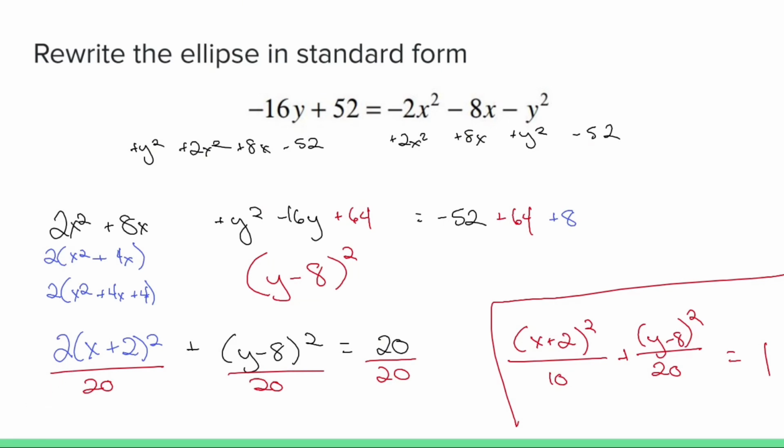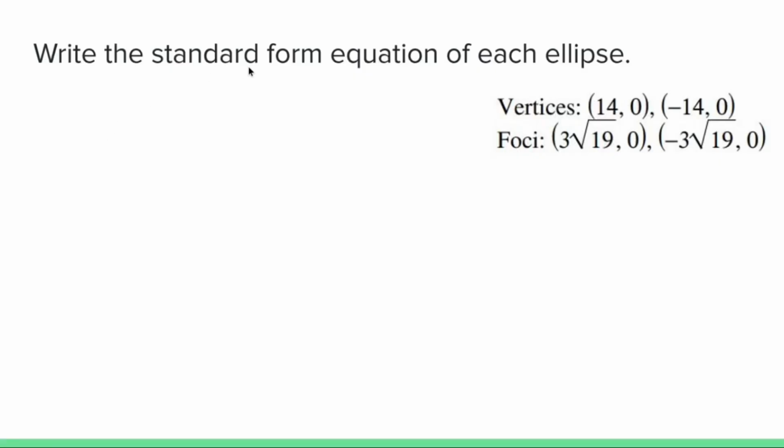No thank you. Write the standard form equation of this ellipse. What I have is vertices that live on the x-axis, and foci that also live on the x-axis with zeros as my y values. What that tells me is, since these guys are the same number and these guys are the same number but opposite, we have a horizontal ellipse with a center at 0, 0.